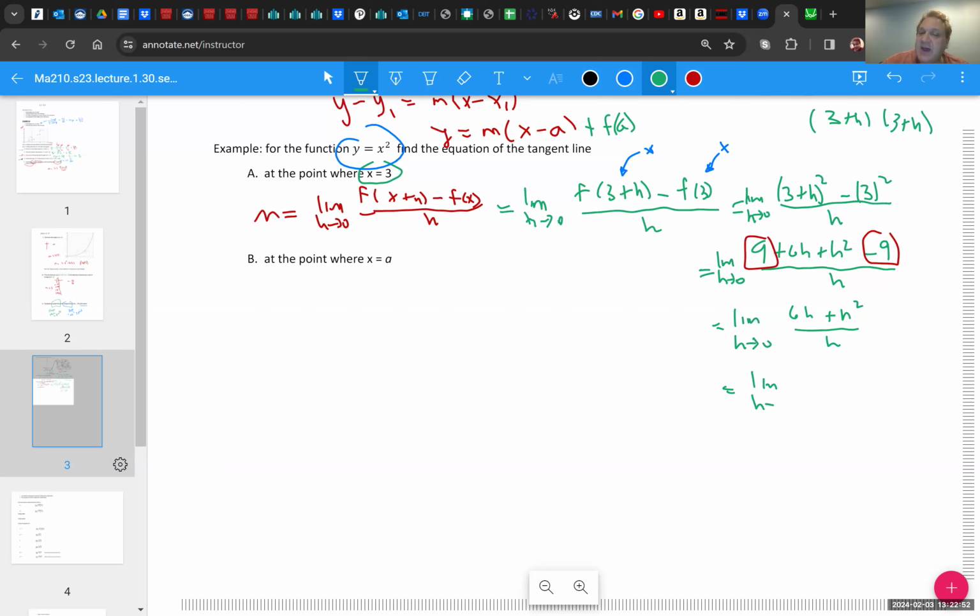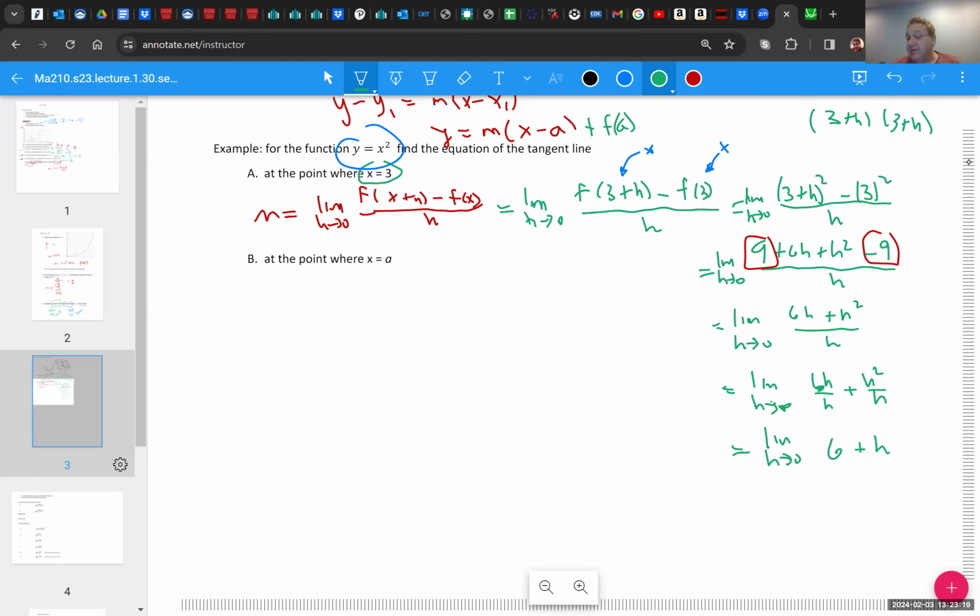Some people like to factor to simplify. I tend to just do the division. So 6h over h plus h squared over h. Each one is being divided by h, so I divide each by h. And that gives the limit as h goes to 0 of 6h divided by h, the h's divide to equal 1, so this is 6. H squared divided by h simplifies to h.